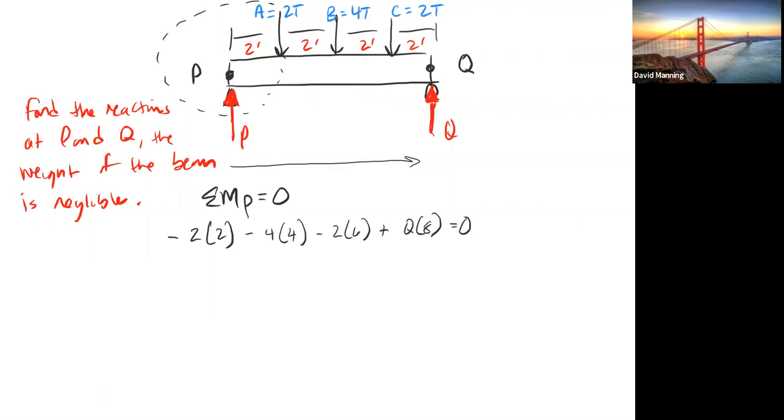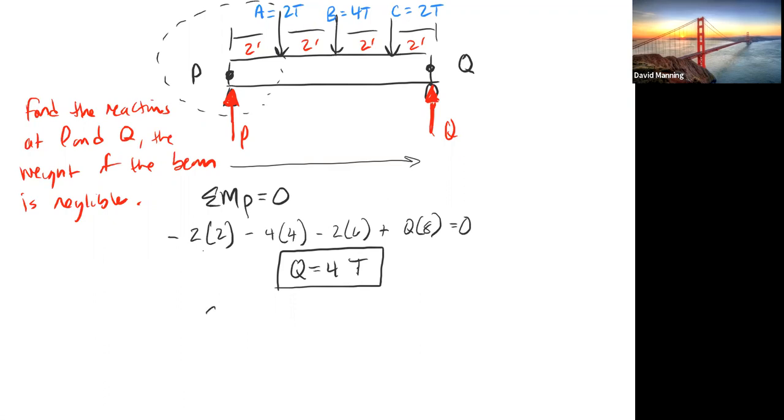So if we add those up, what do we got? 4 plus 16 is 20, plus 12 is 32. Q equals 4 tons. Did I do my math right? I did it in my head. I'll check it just because sometimes I'm wrong, but 32 divided by 8, I know that's 4.